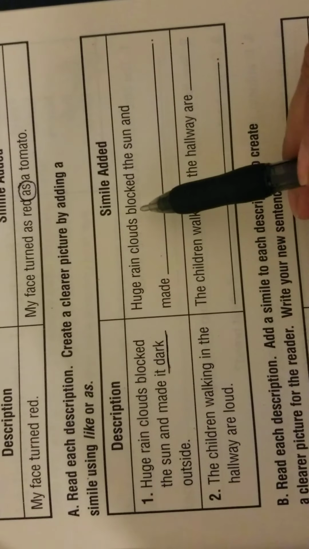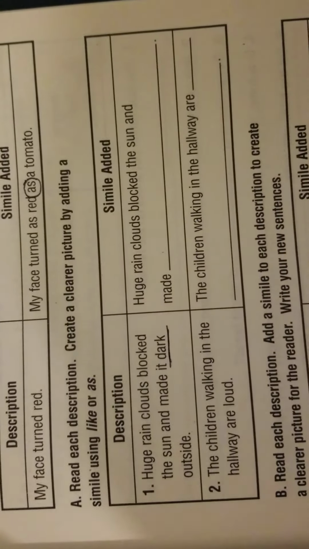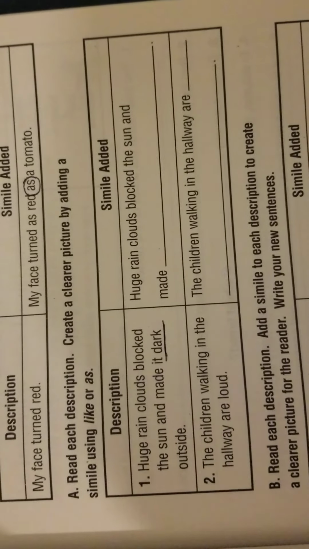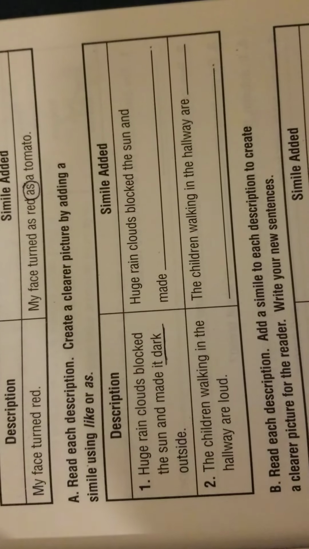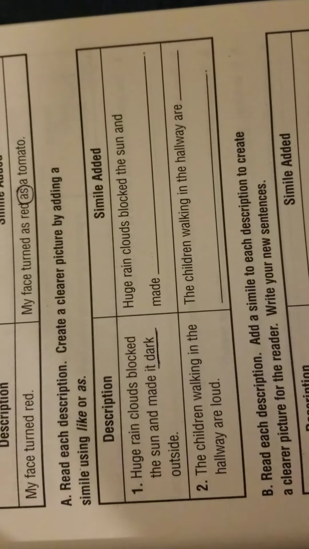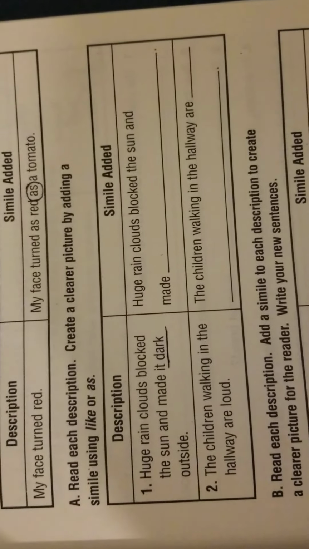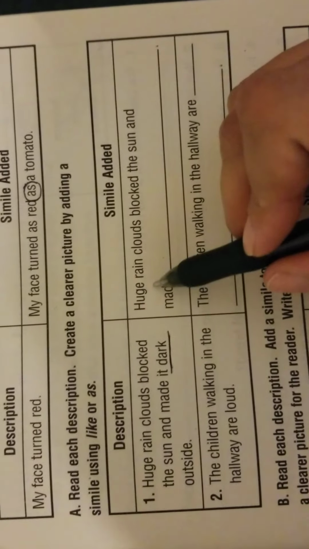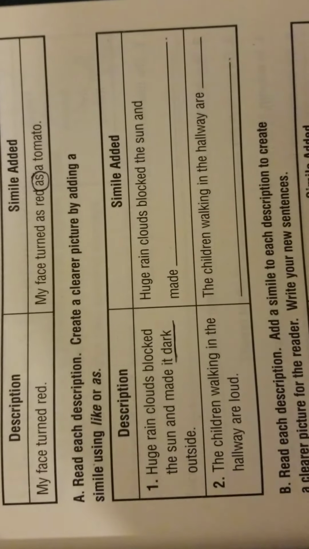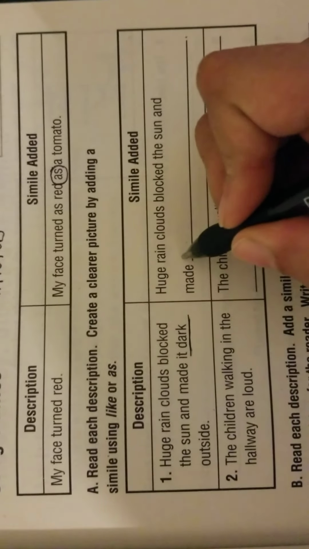Dark as, what can you guys think of? What time of the day is it dark? If you say night, then we can use that because dark and night are similar. Huge rain clouds blocked the sun and made it dark as night outside.